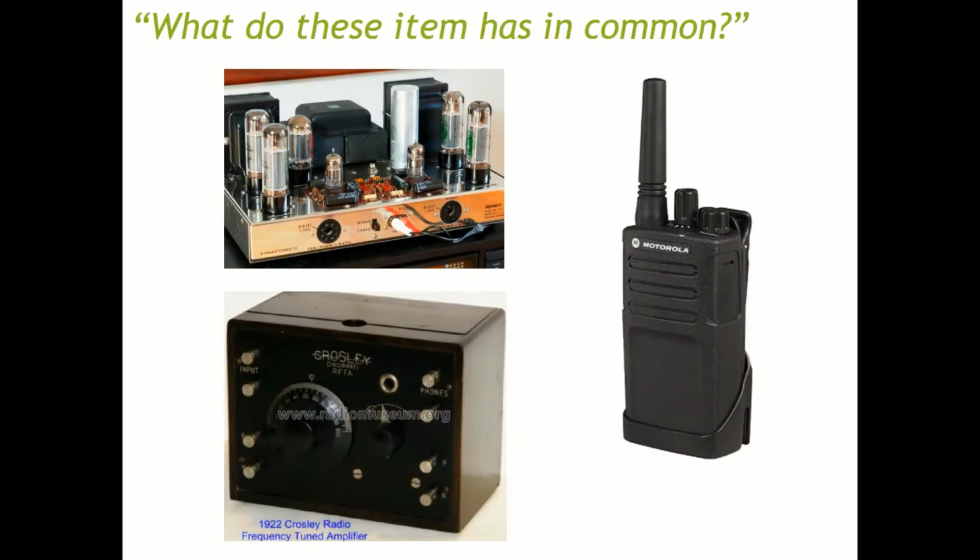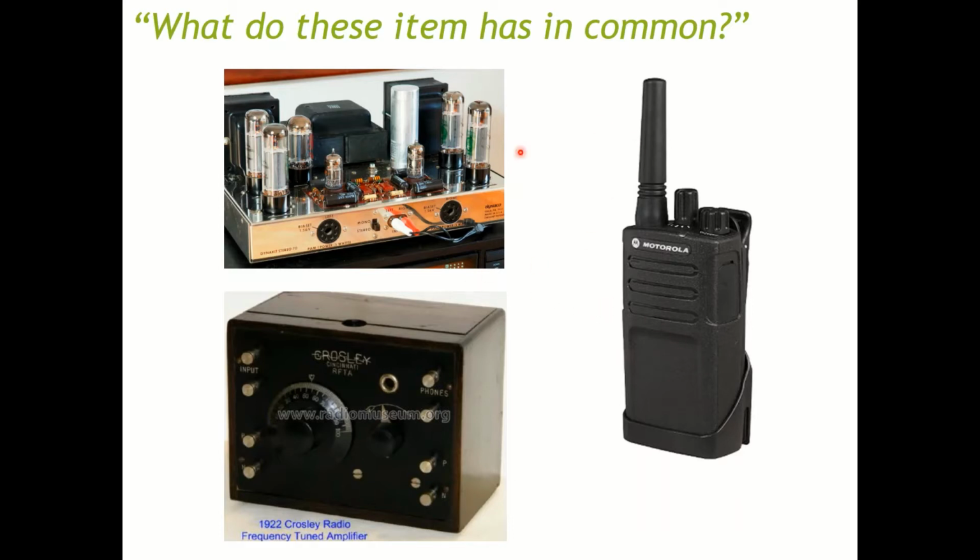First of all, let's look at these three items. What do they have in common? So all of them have some knob, right? They have some knob that you have to turn to tune the frequency to the correct one. For example, the radio, you want to tune in to the correct frequency for communication.